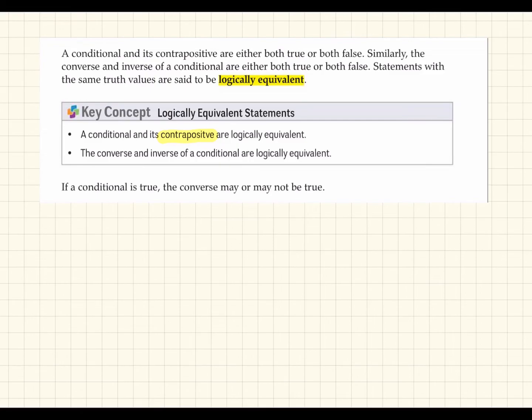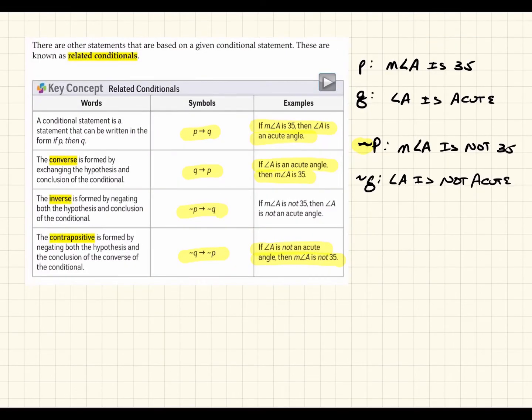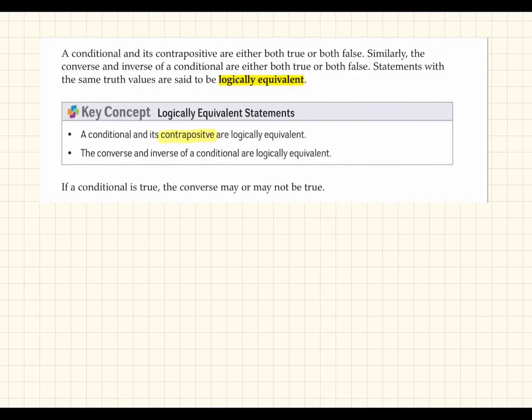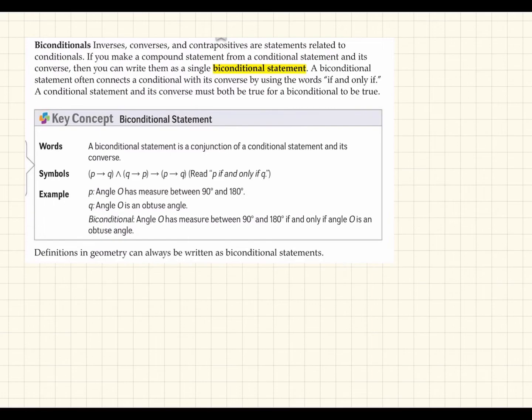Now that we have a handle on related conditionals and things that are logically equivalent, let's finish this out by talking about a biconditional statement. Inverses, converses, and contrapositives are statements related to conditionals. If you make a compound statement from a conditional statement and its converse, then you can write them as a single biconditional statement.